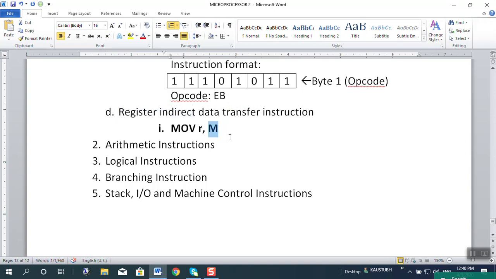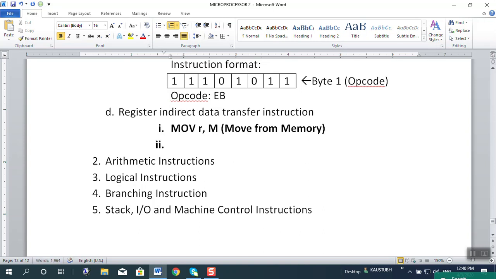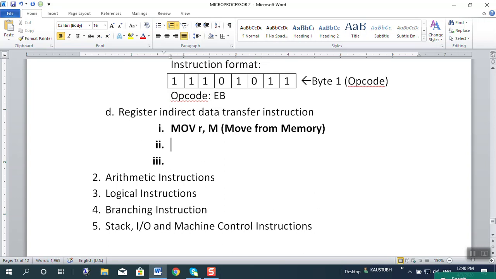Okay, so the immediate meaning is move from memory. Technically, data will be copied to the specified register R from the memory location M, whose address is currently in the HL register pair.